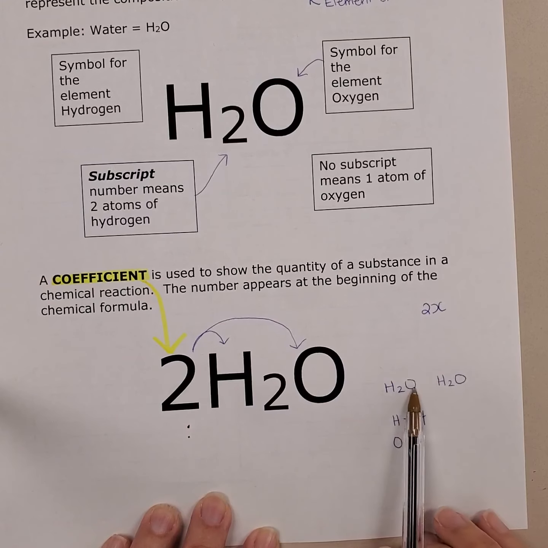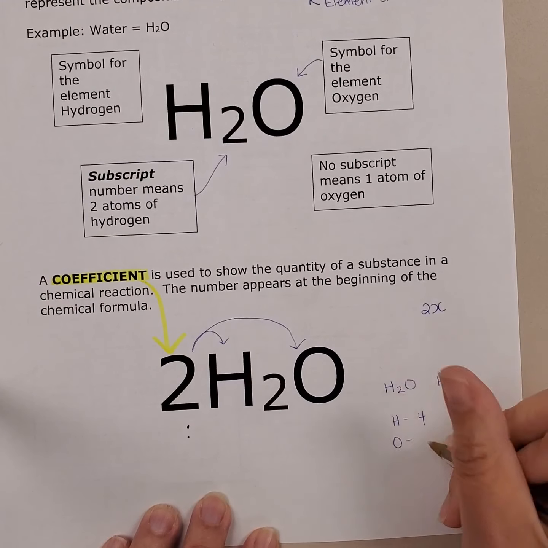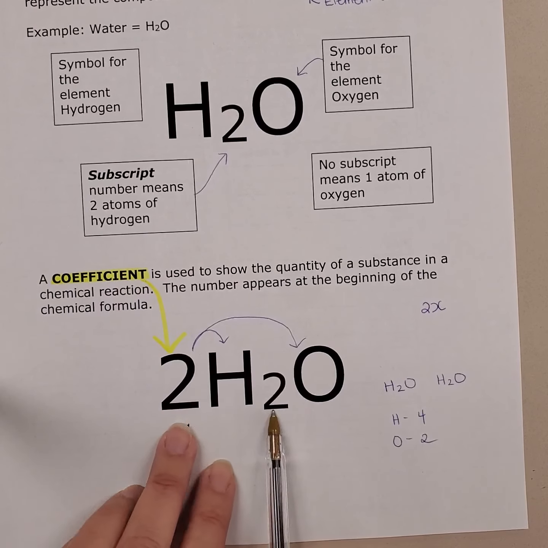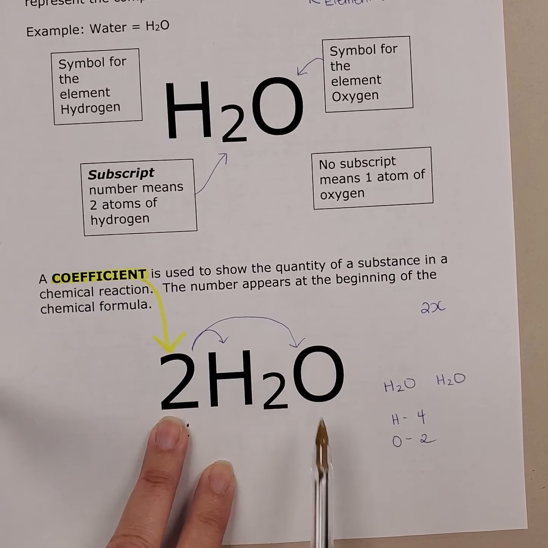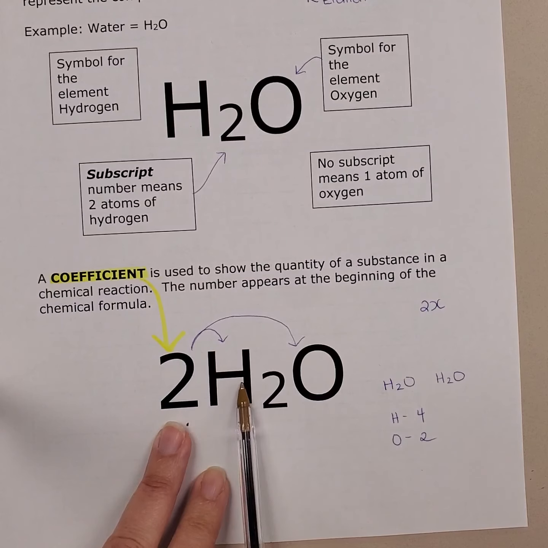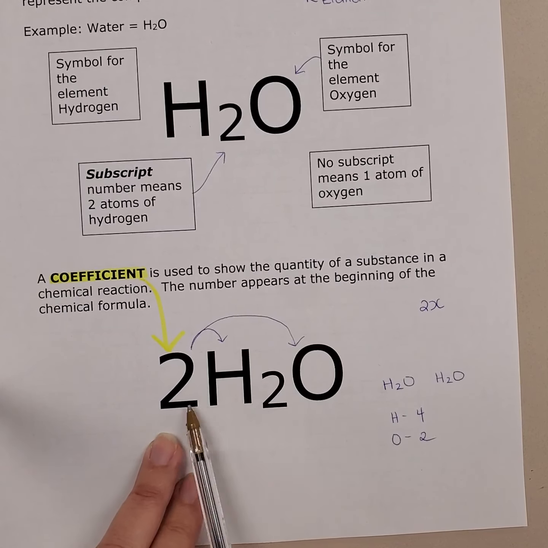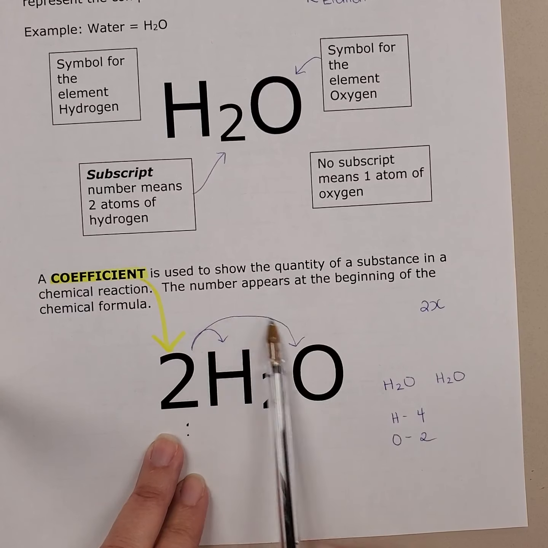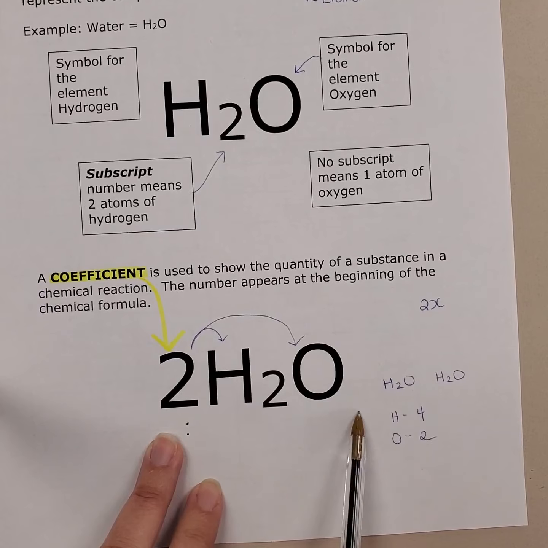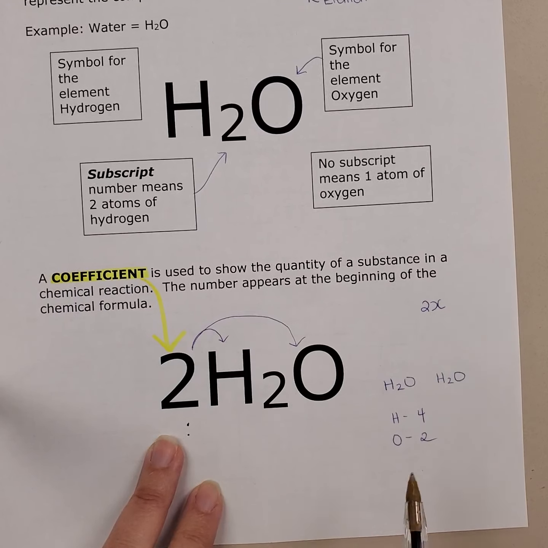I have 1 oxygen here and 1 oxygen here, which gives us a total of 2 oxygens. It's almost like using the distributive property from grade 9. This 2 goes to hydrogen, so if there's already 2 hydrogens, you multiply the numbers. Oxygen has no subscript, so we assume there's a 1 there. So 2 times 1 is 2.